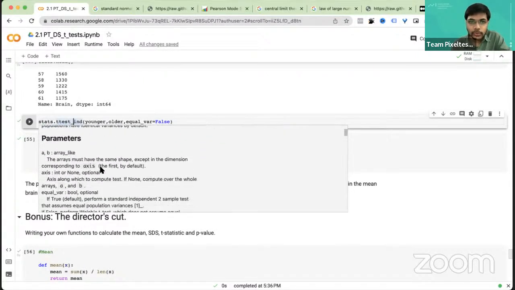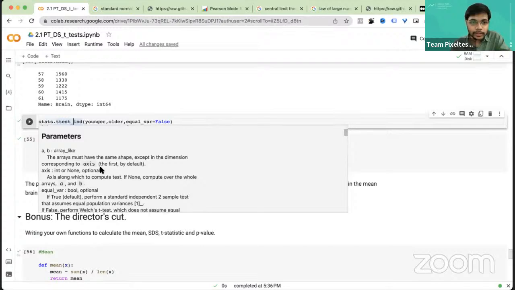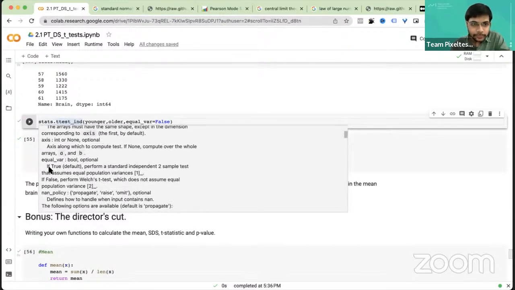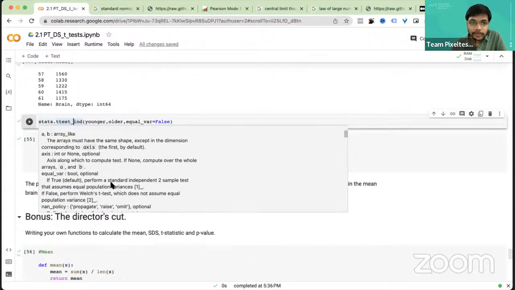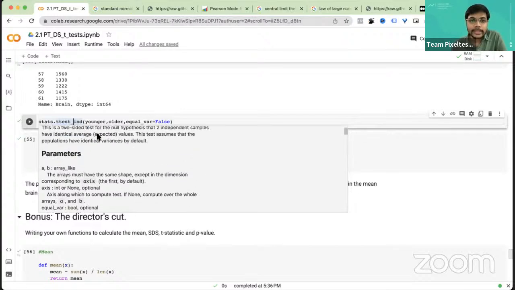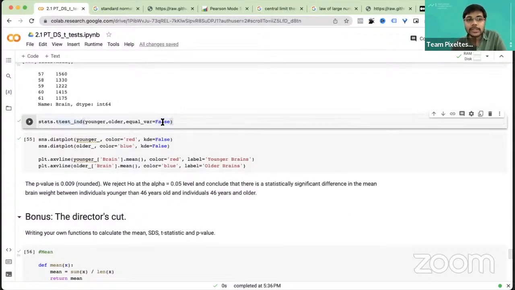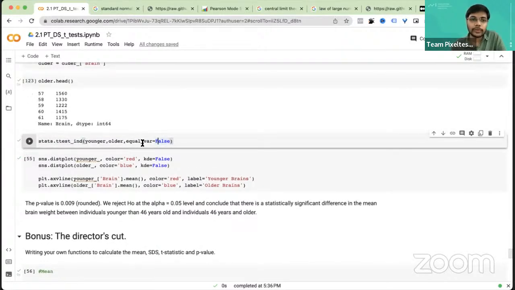If false, performs the t-test which does not assume equal population variance. If true, perform a standard independent two sample test that assumes equal population variances. So basically here we are saying false because our population variance is not the same. So we are going to say equal variance equal to false.